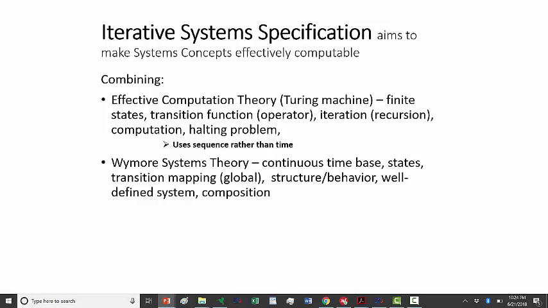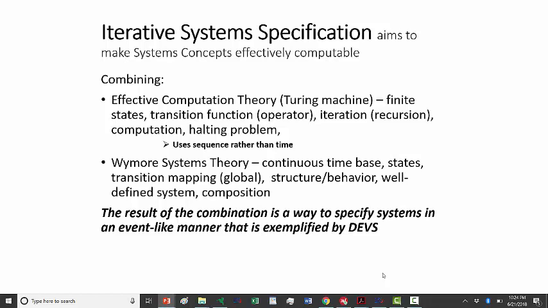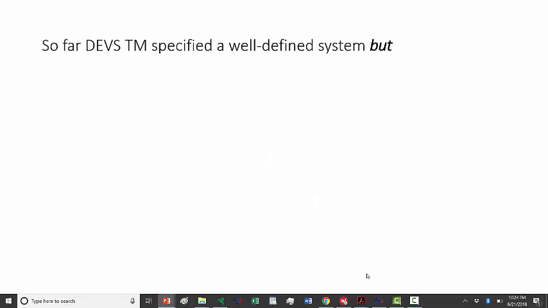And when you look at the DEVS subclass with the concept of events, it allows the events to occur in time, and therefore adds the temporal dimension to the effective computation theory, or what is studied in computer science. The result of the combination is a way to specify systems in an event-like manner. That's exemplified by DEVS.